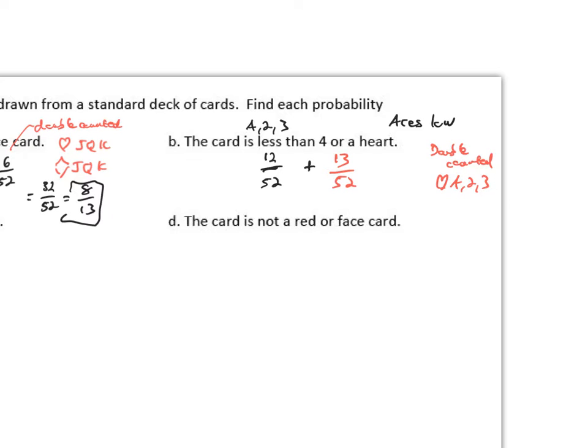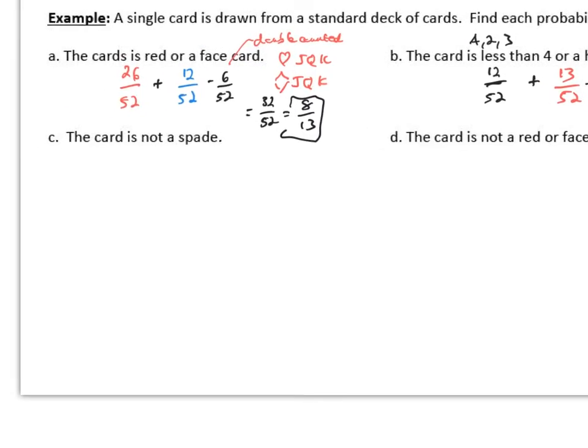That's the ace, 2, and 3 of hearts. So I have to subtract those because I've counted them twice. That gives me 22 out of 52, or 11 out of 26. So that's a couple quick examples on how to use the union rule and come up with the probability when you have to watch out for double counting.